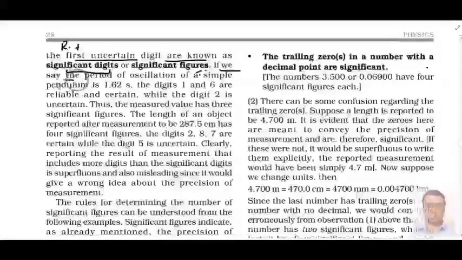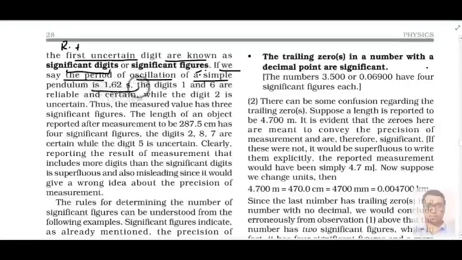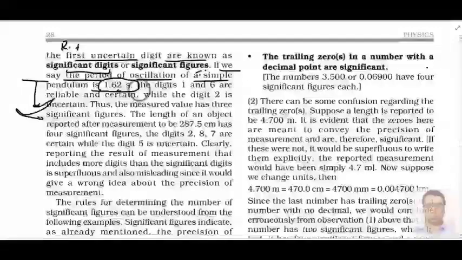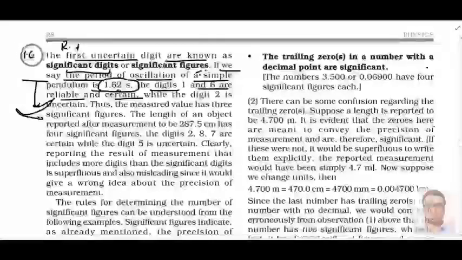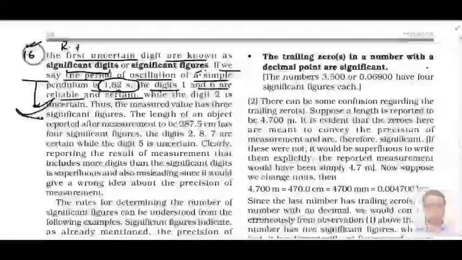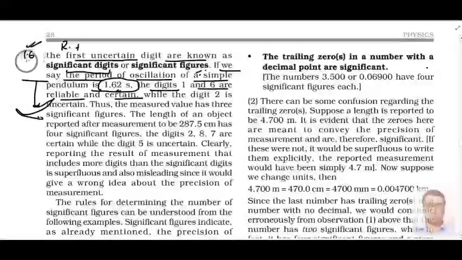Suppose we say that the period of oscillations of a simple pendulum is 1.62 second. You know time period is the time taken to complete one oscillation. Then the digits 1 and 6 are reliable and certain. This 1.6 second will definitely be taken by the pendulum.